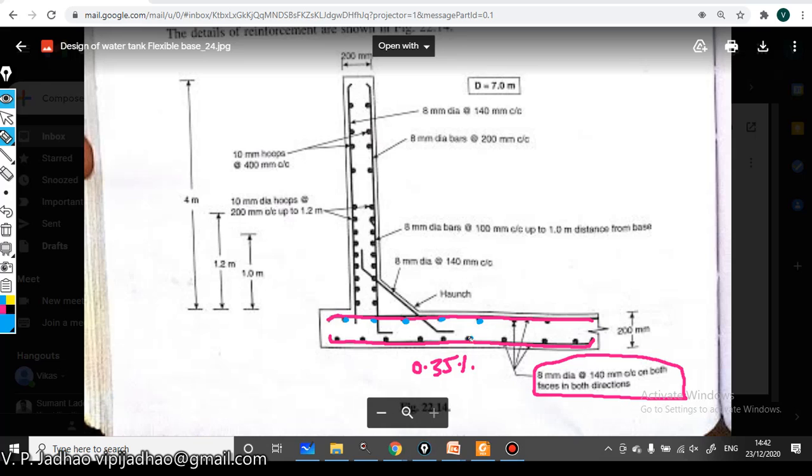Every steel will be 0.35% of the cross sectional area, so the spacing will be the same, that is 140 mm. So this is the final step of the design of this water tank with fixed base.